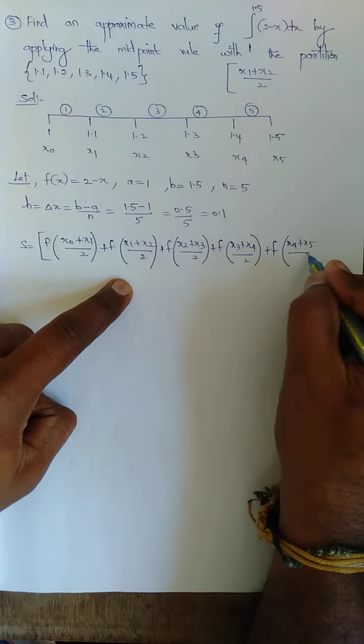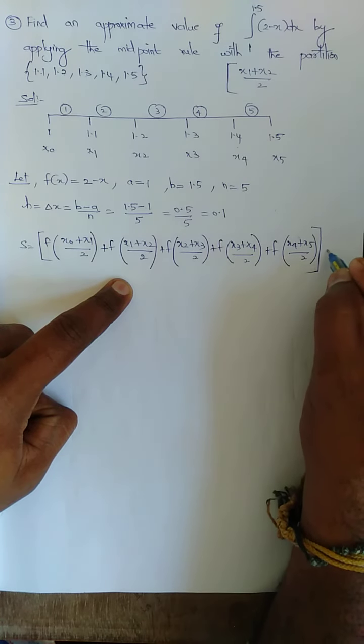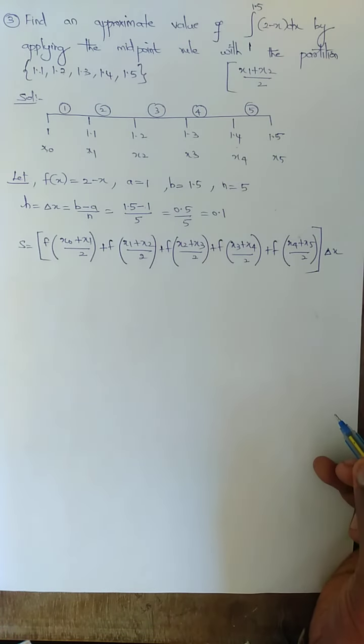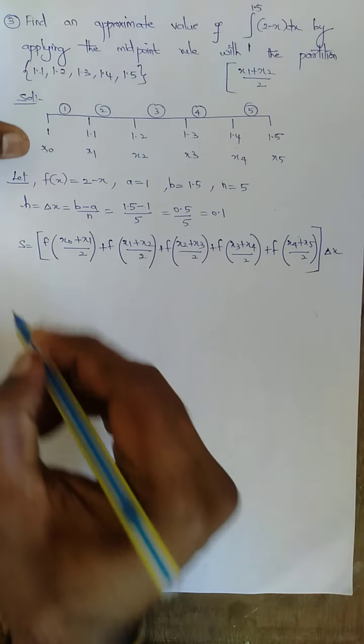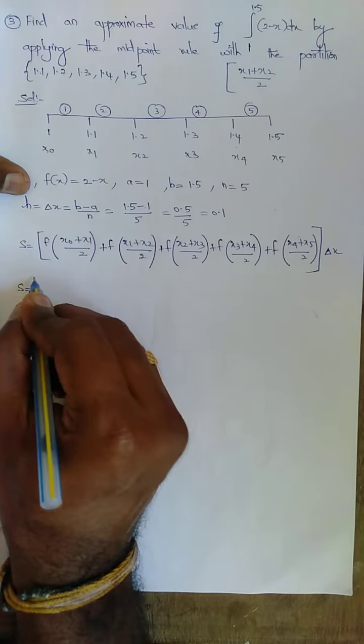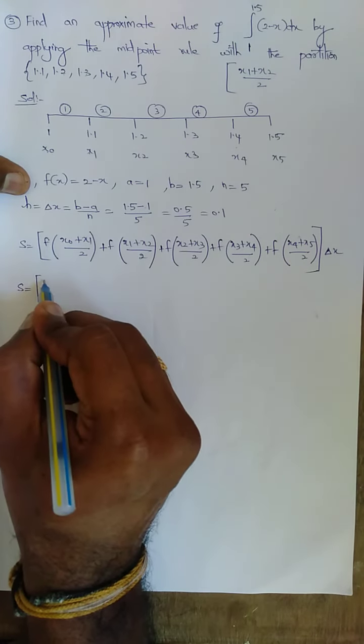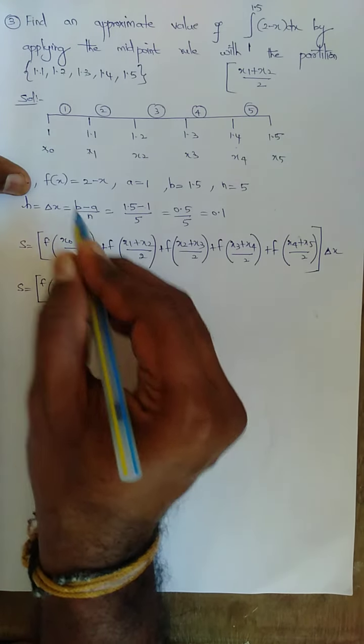Close the bracket, multiply by delta x. This is the midpoint formula.